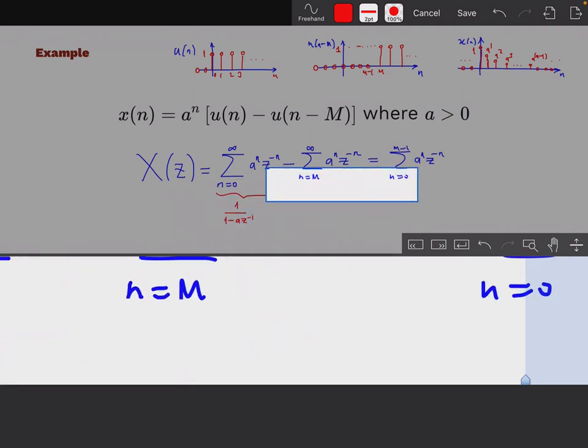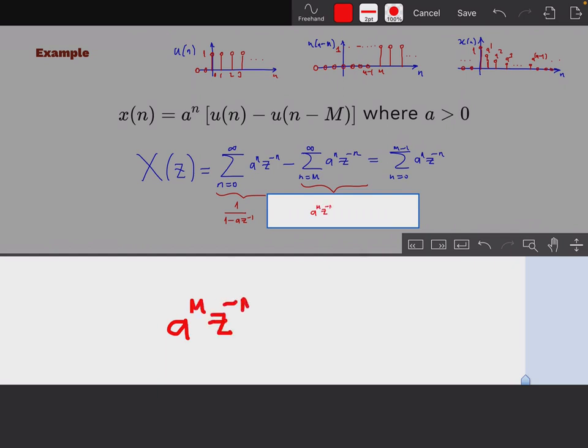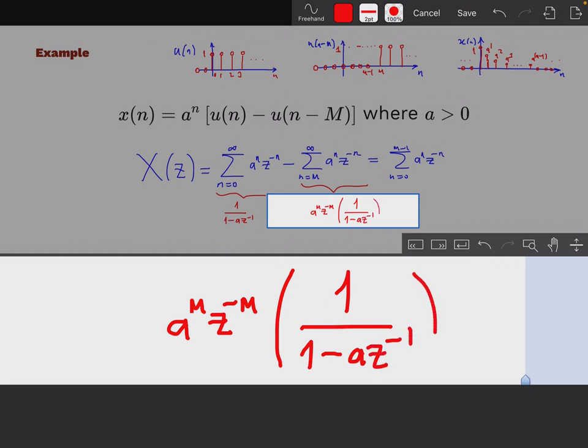And for the second term, you can just show it by factoring out some of the terms that the Z transform is a to the power m, z to the power minus m, times 1 over 1 minus a z to the power minus 1.